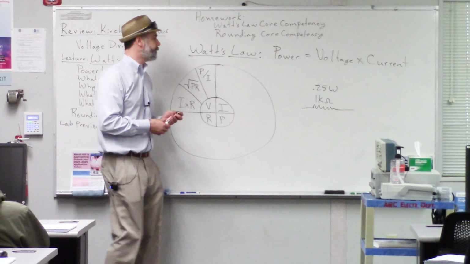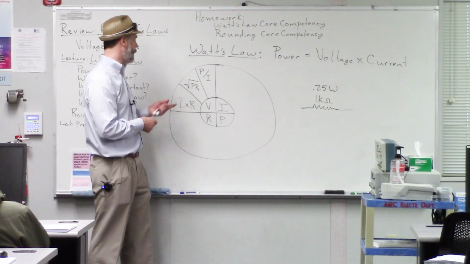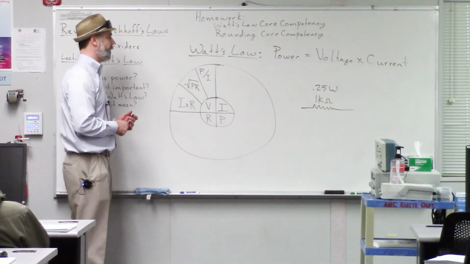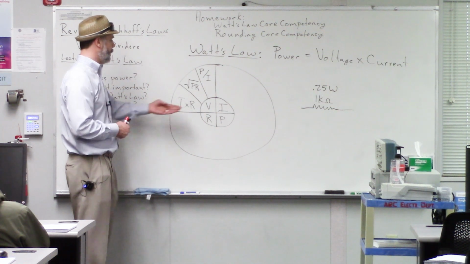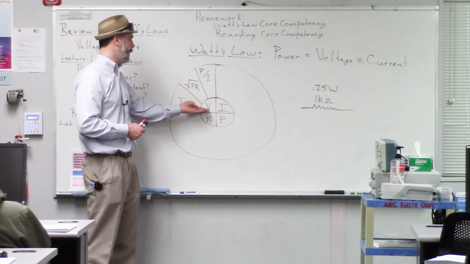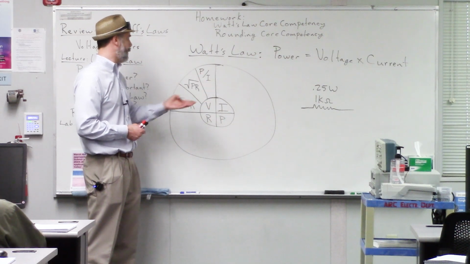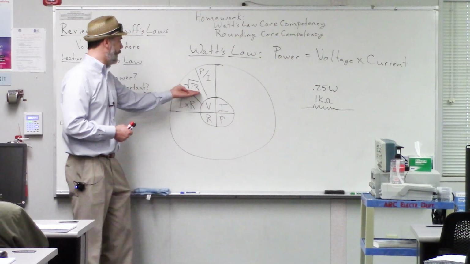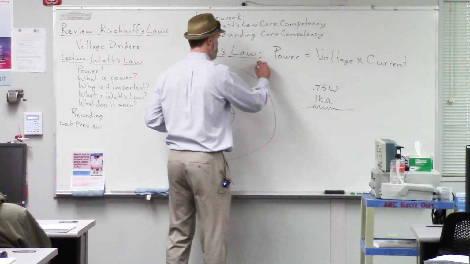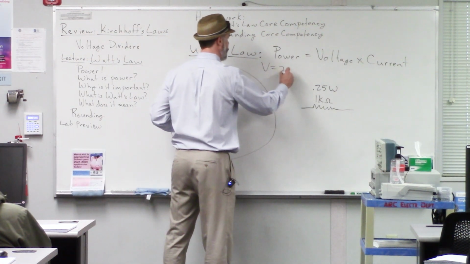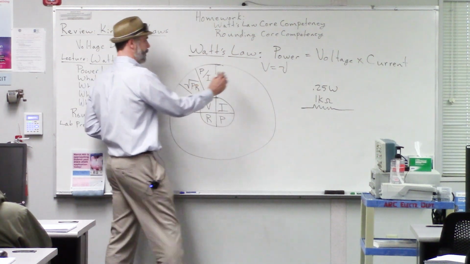So we look over here, and we know we're trying to find the voltage. We know the resistance and the power. So the formula would be V equals the square root of power times resistance.